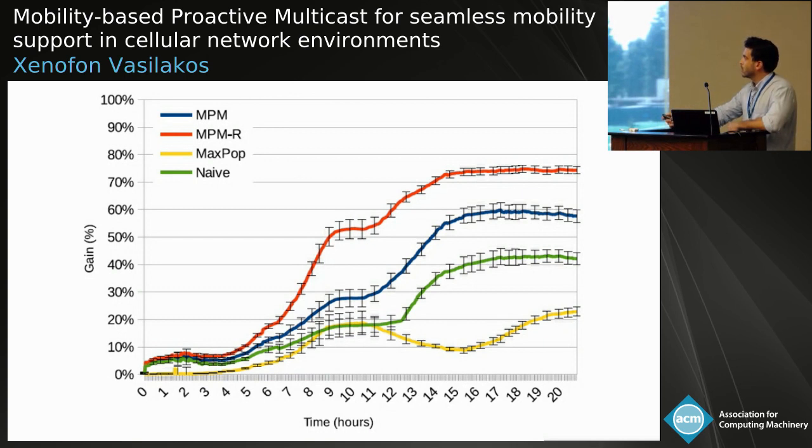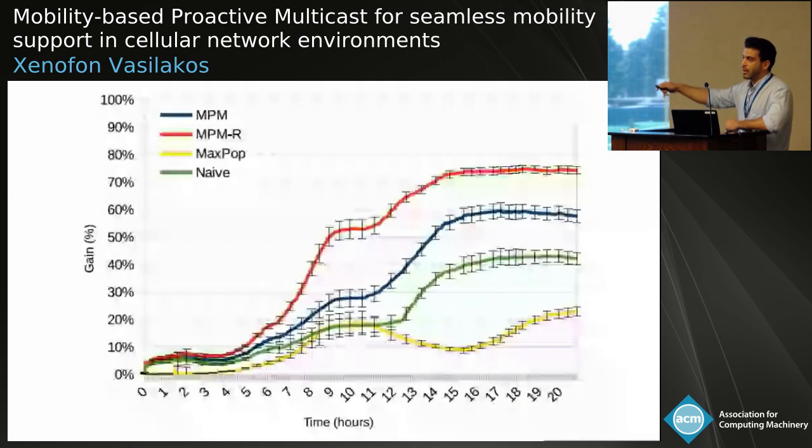We show the performance of the basic model and the performance of the extended model with replacements, against 2 benchmarks. Max pop over here, which is the yellow line, shows the gains that you have if you only consider long-term popularity of the objects which are being proactively multicast. Naive means that you take decisions blindly. If there is room in the backhaul and you are one of the possible next cells in a transition, then you grab the resource if you can.